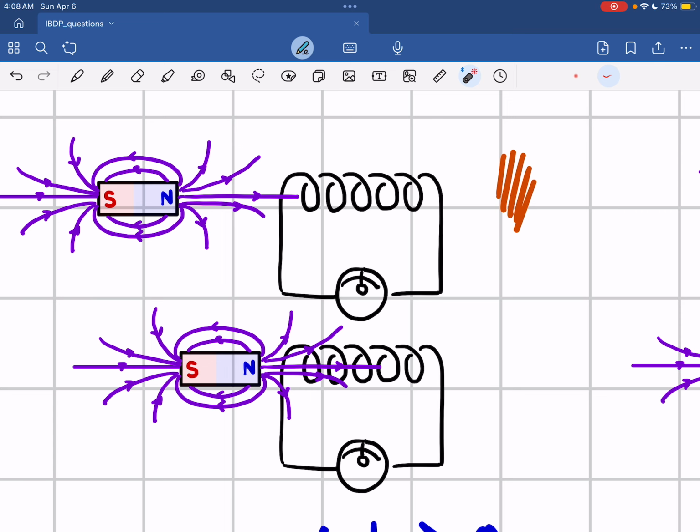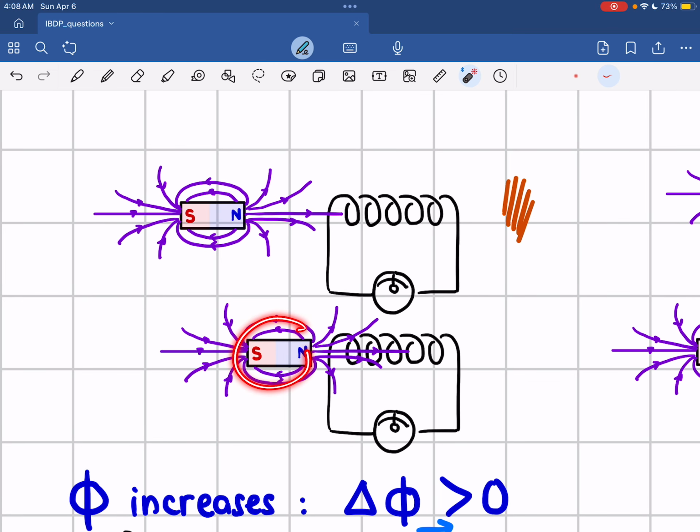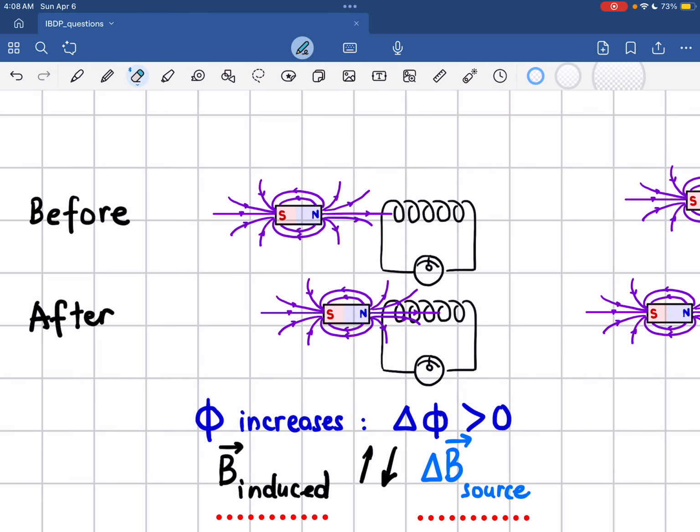So what happens when we bring the magnet towards the coil? More magnetic field passes through, right? Makes sense, right? So what happens to the flux now? It increased, right? Yep, that's the key. So when you move a magnet in this position, the north here and the south here, the flux increases.